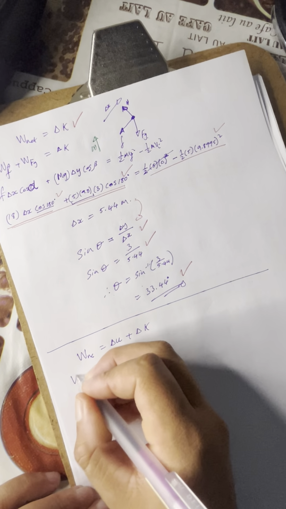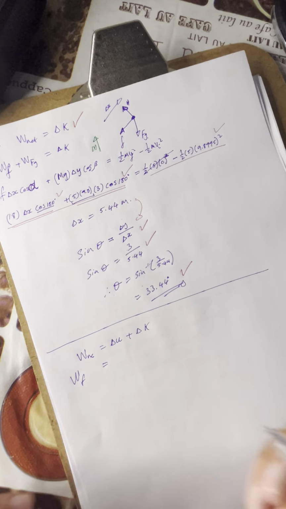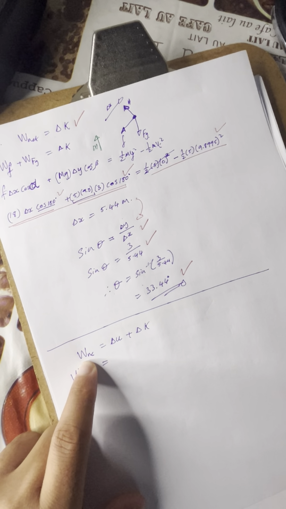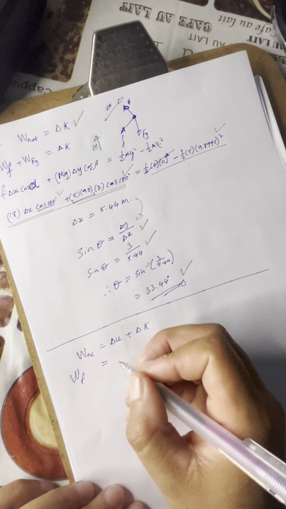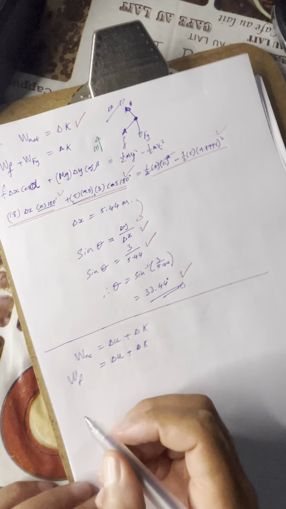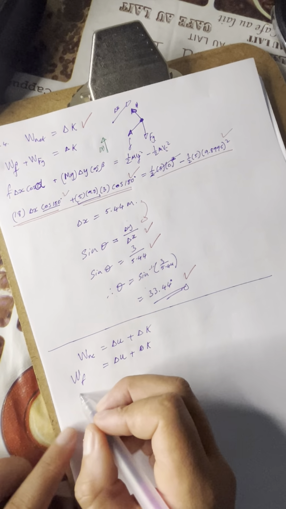So this will be the work done by friction equals, now notice the weight disappears because you cannot substitute the weight on the left-hand side. Change in potential energy plus change in kinetic energy. So this becomes frictional force, change in x. The frictional force acts along the incline, and the cosine of alpha.